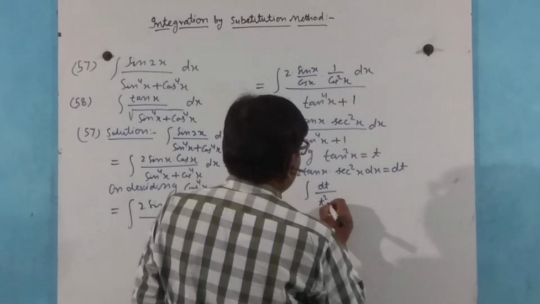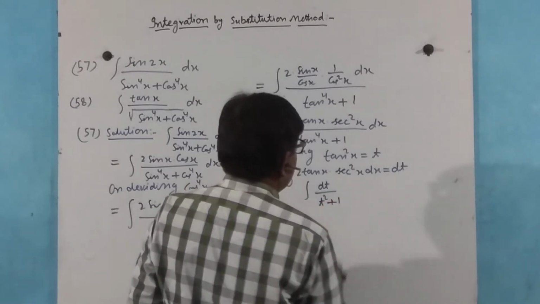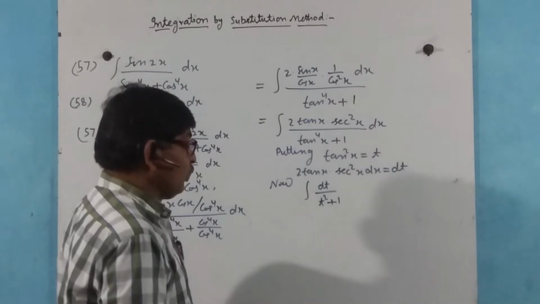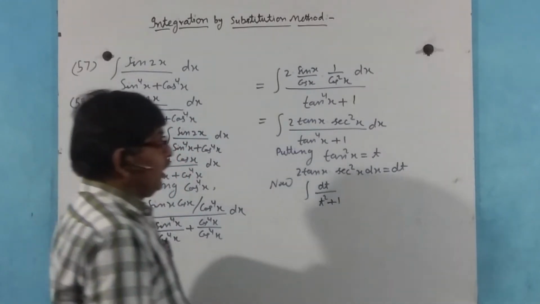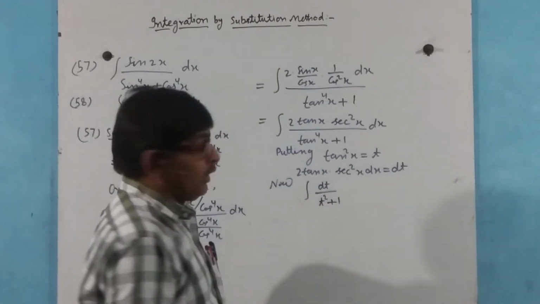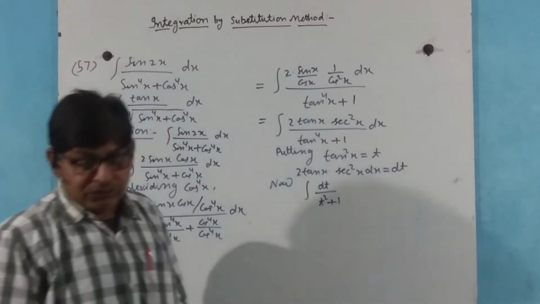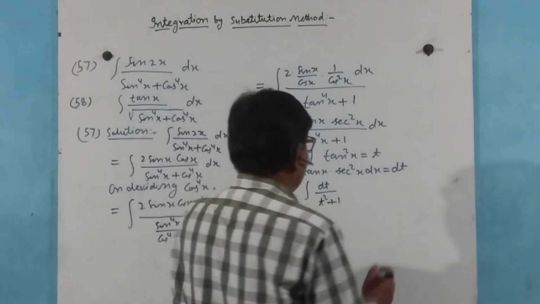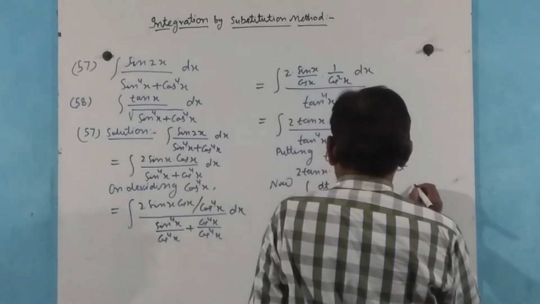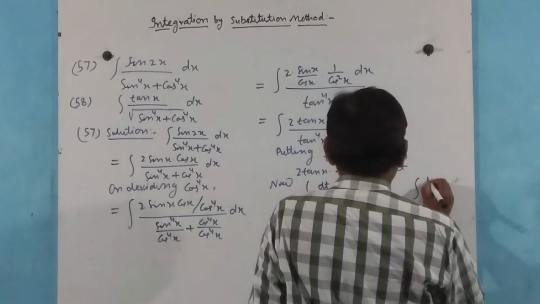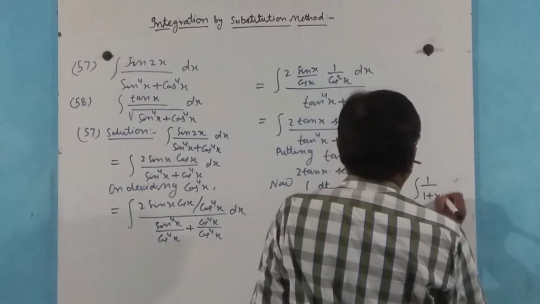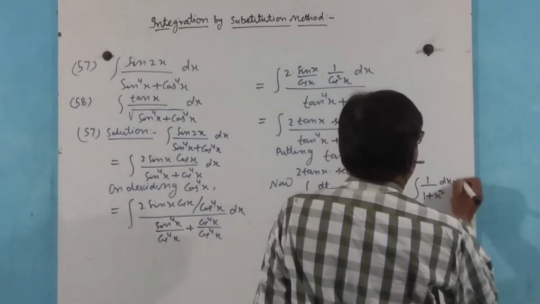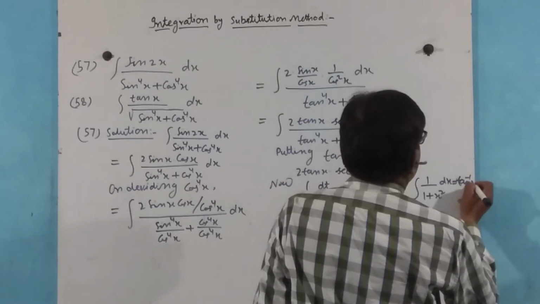As you know, the integration of 1 by 1 plus x square dx equals tan inverse x.